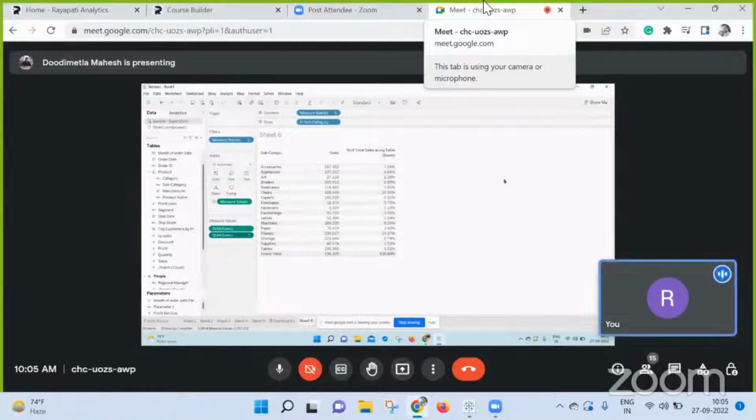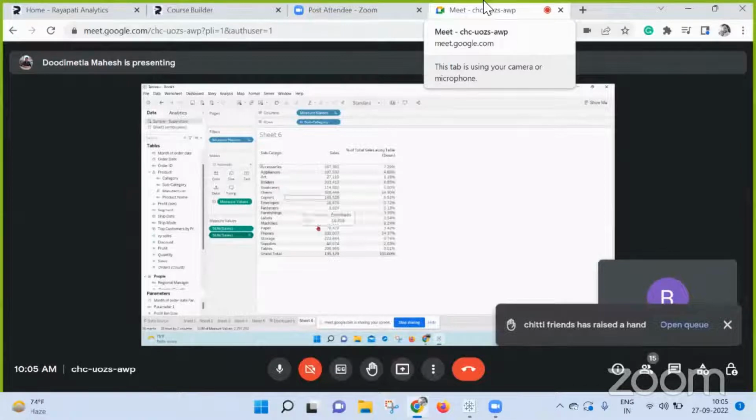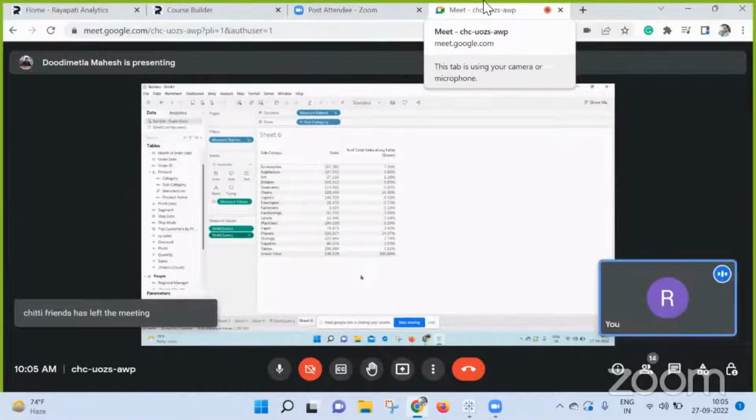But how much of that percentage is accessories taking? How much of that percentage is appliances taking? Out of 100. So if that is the case, can you tell me what number you are expecting below? Here I'm expecting the sum of all these values divided by, okay, you want it to be divided again by.